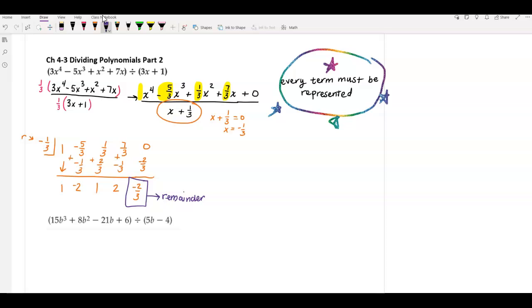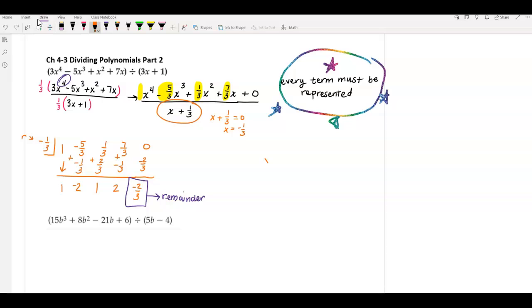Now, when we write the answer, we're going to write it in a couple preliminary steps. So initially, we started with a term of 4, which means we're now going to have a term of cubed.